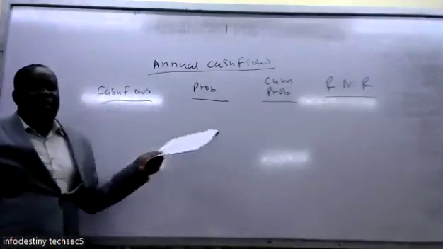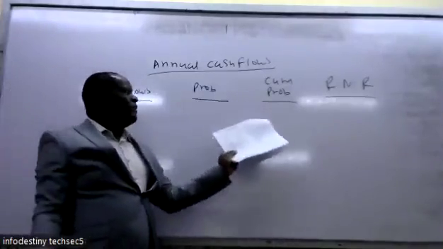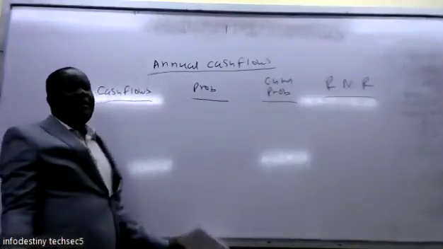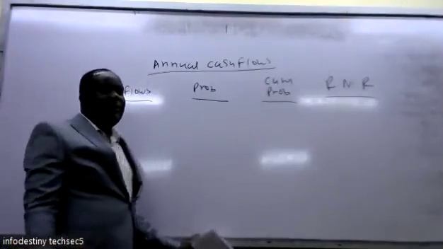So we shall be having cash flows, probability, cumulative probability, and also the random number range.